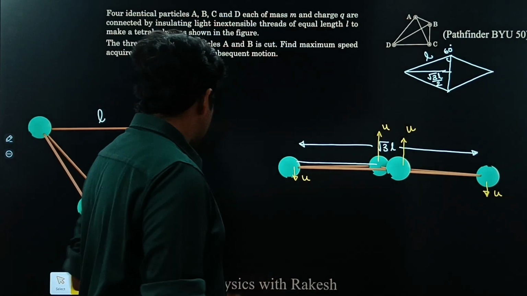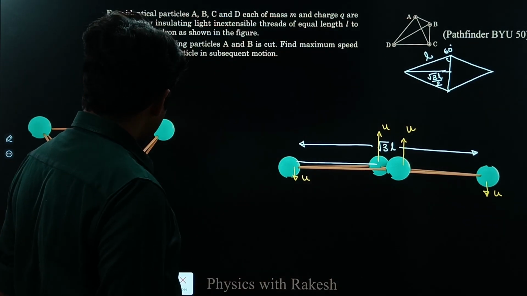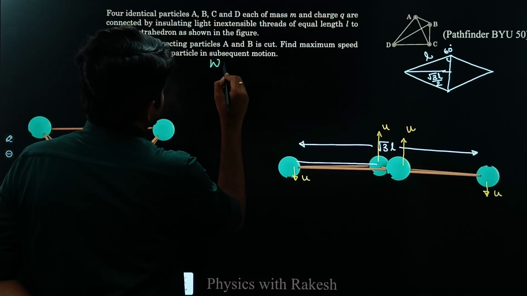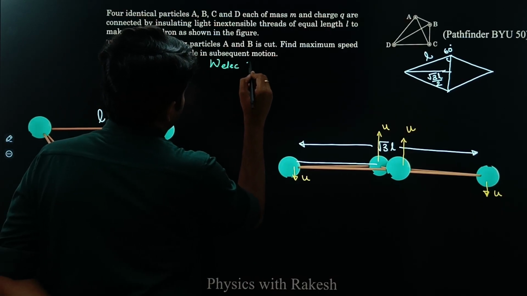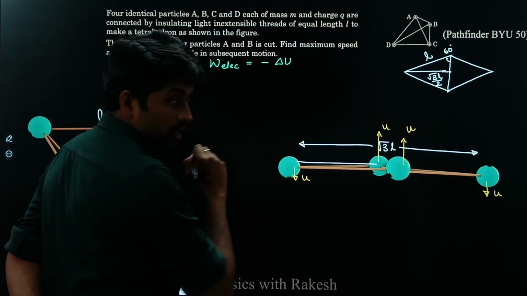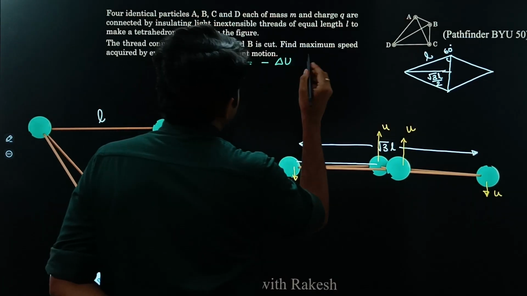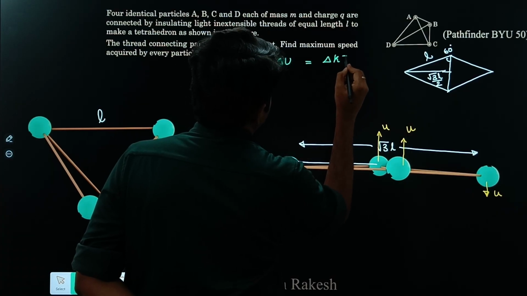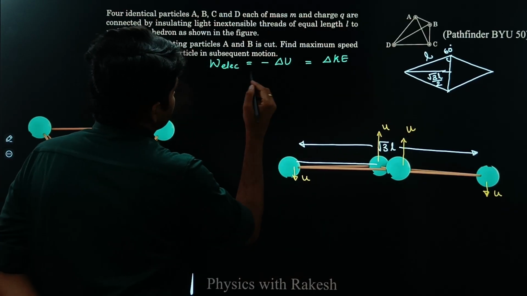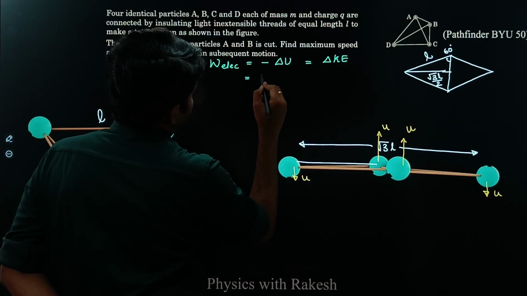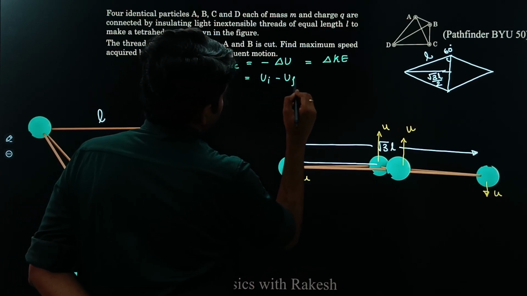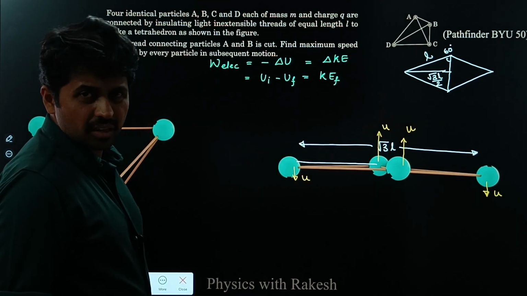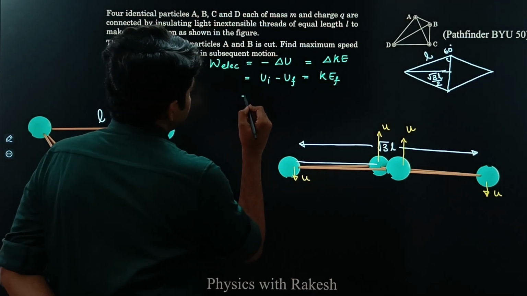Now we can calculate the change in potential energy. Work done by electric forces is equal to the negative change in potential energy, which is equal to the change in kinetic energy. So U initial minus U final equals KE final minus kinetic energy initial, which is anyway 0. What is the initial potential energy?